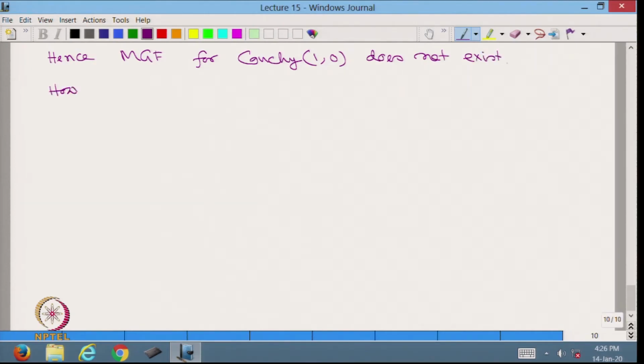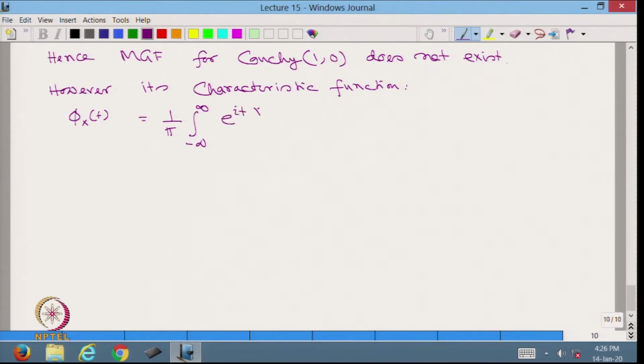However, its characteristic function, which is defined as phi x of t is equal to 1 over pi into minus infinity to infinity e to the power i t x upon 1 plus x square dx, and I am not computing it, but this converges to e to the power minus modulus of t.